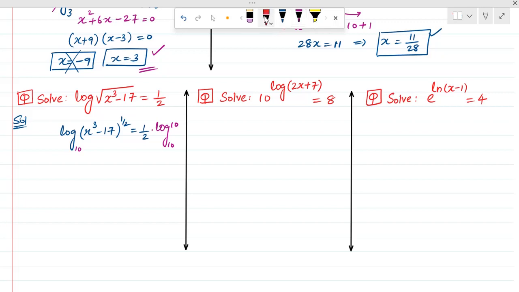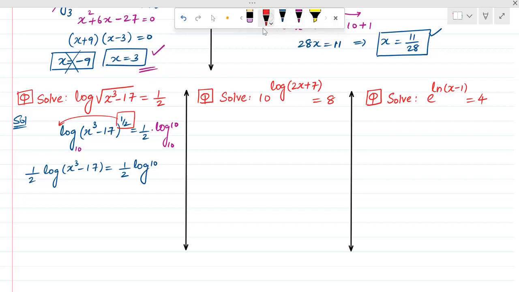Now, as per the rule of logarithms, the power you should bring down. So this implies 1 over 2 log of (x power 3 minus 17) equals 1 over 2 log 10. I will not write base 10 because log means common log.